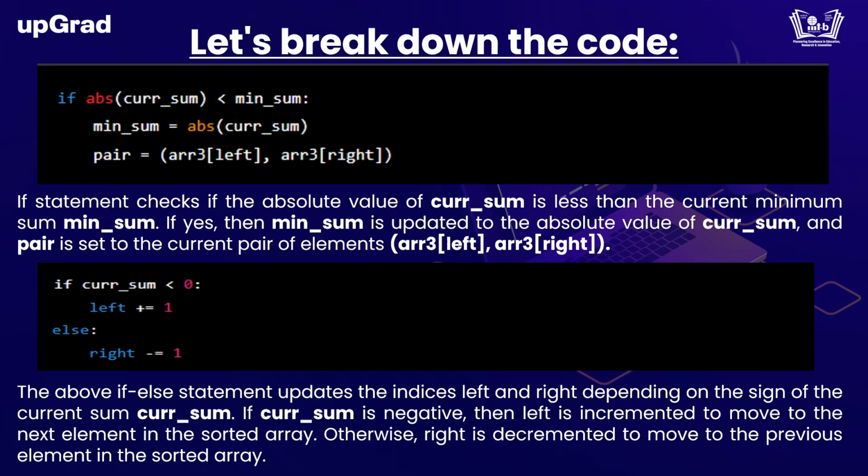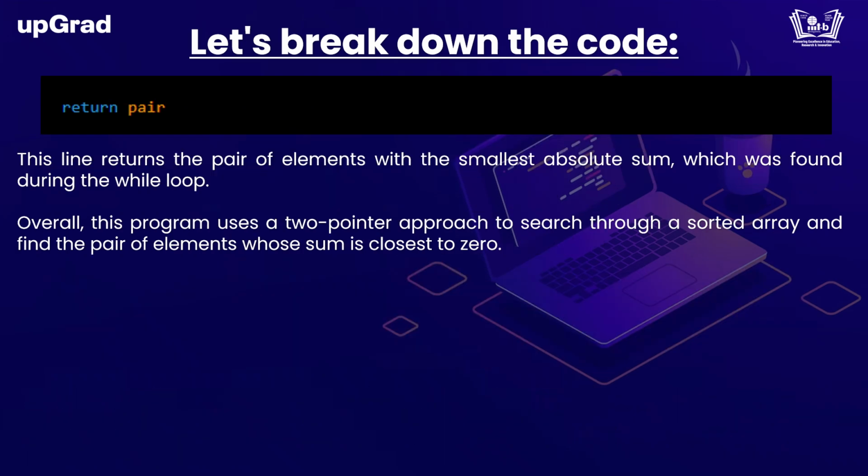We have an if statement which checks if the absolute value of the sum is lesser than the current minimum sum. If yes, then the minimum sum is updated to the absolute value of the current sum and the pair is set to the current pair of elements. We have also another if statement inside the loop, as mentioned in the slide.